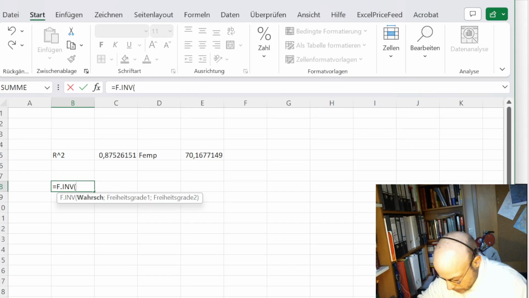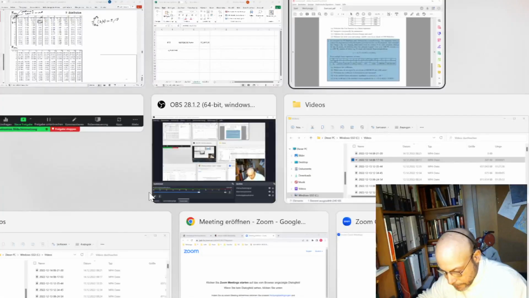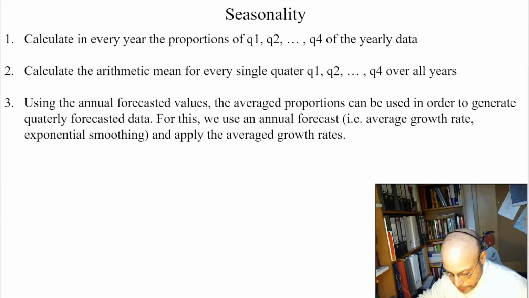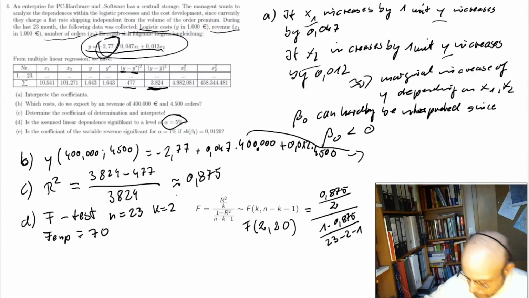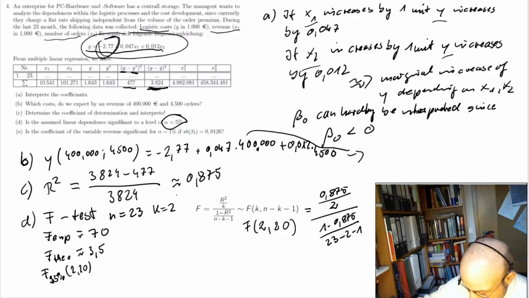This is 0.95 to 20, hopefully. So our theoretical value is roughly 3.5. This is F 95% of 2 and 20.